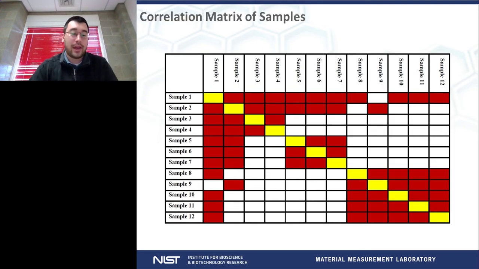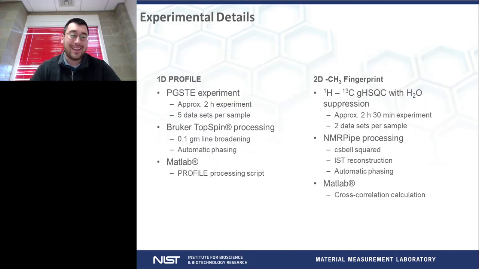So here we have a list of the correlations that we performed after we collected the data. And as you can see, it's a symmetrical correlation, which allows us to skip a little bit of extra work. What we did as far as the experimental details are concerned, with the 1D experiments, as I stated previously, we run a pulse field gradient stimulated echo experiment.